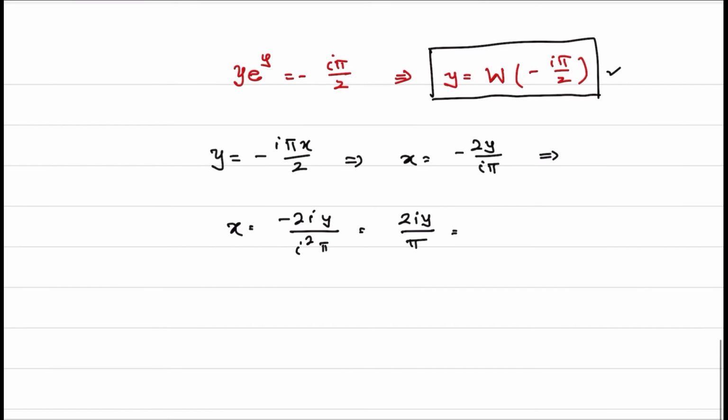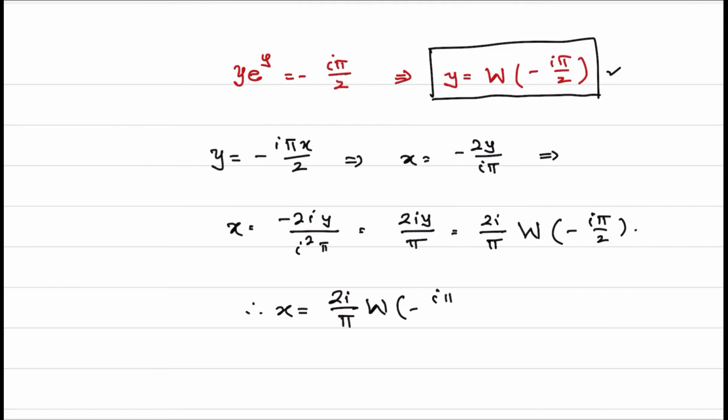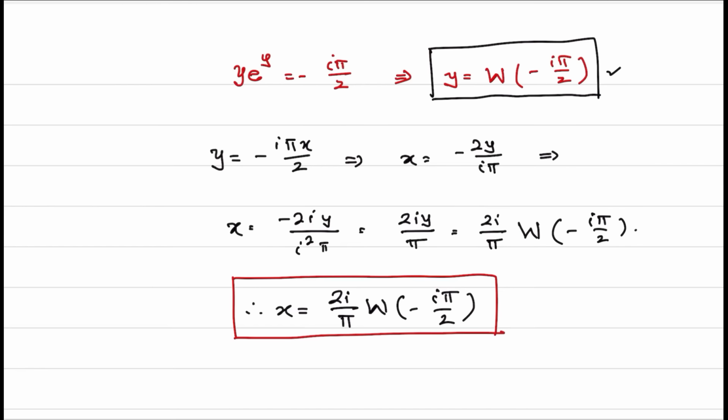Then what is the value of y? 2i by pi into W of minus i pi by 2. Therefore, x is equal to 2i by pi W of minus i pi by 2 is the value of x, where x is equal to i to the power of i to the power of i up to infinity.